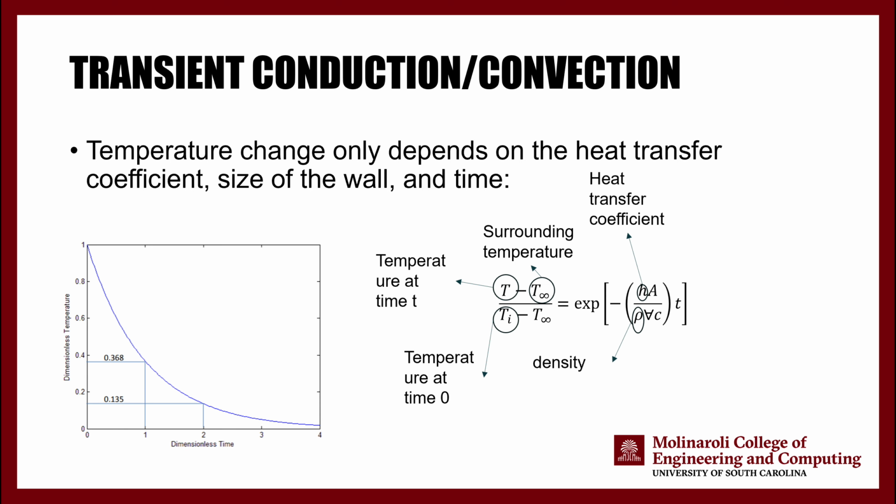You have the heat transfer coefficient, which is different from the conductivity of the solid block. Heat transfer coefficient is the ability of the gas that surrounds your sphere or any solid block to remove heat from that block or to add heat to it. So a higher heat transfer coefficient means faster cooling or faster heating, depending on your scenario.